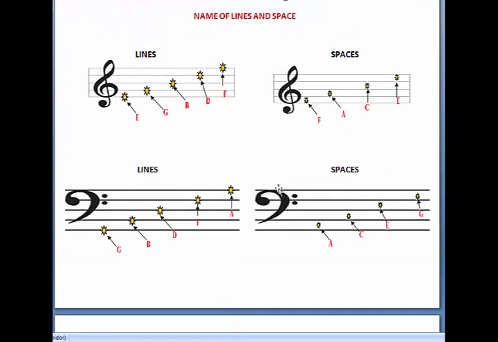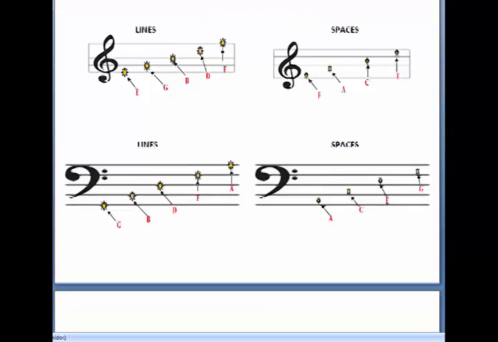Now I give you spaces and lines for the bass clef. But right now I don't even talk about that, even if you see it in front of you. Please, I just talk about lines and spaces in the G clef.